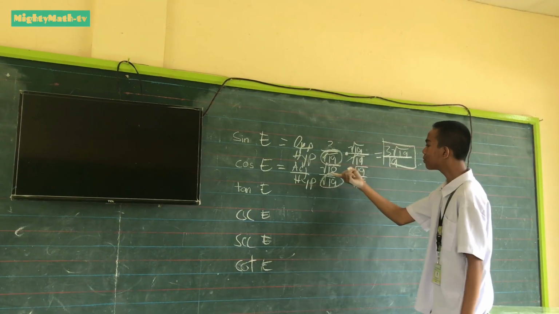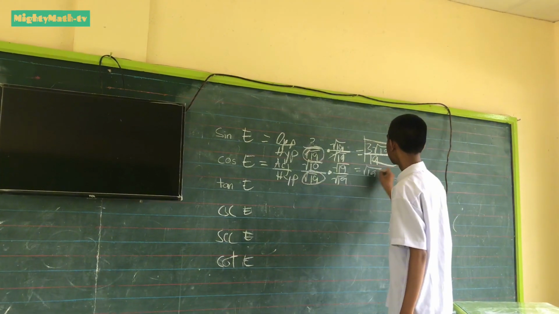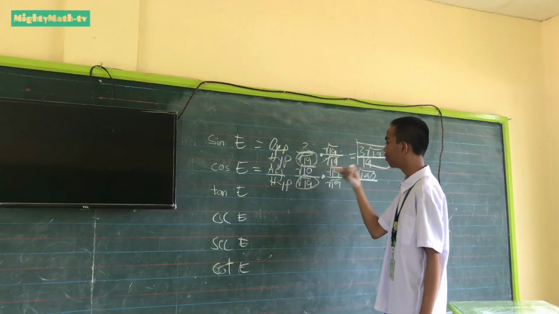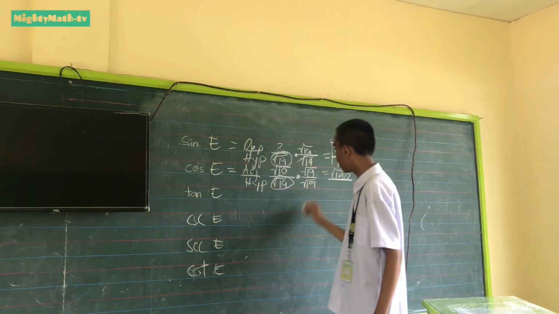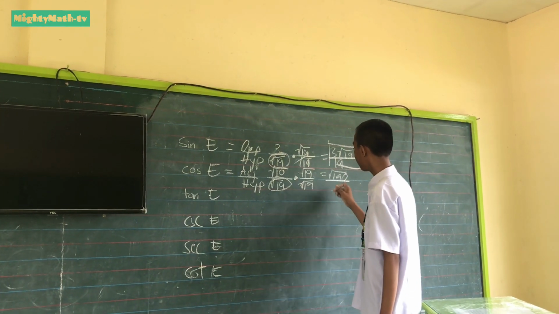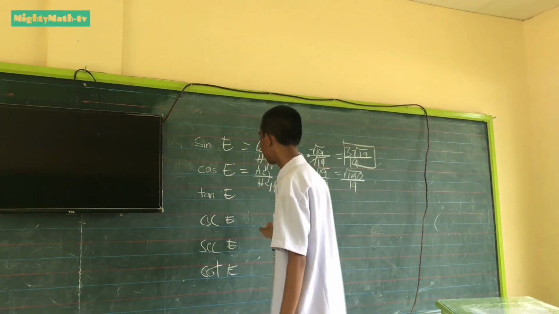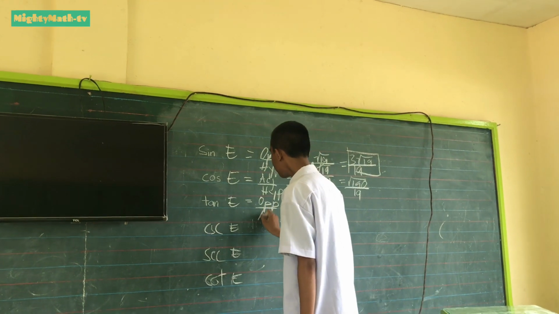Then square root of 10 times square root of 19 is square root of 190. Because they are the same, they have radical sign in them, and we'll just eliminate the radical sign for the denominator. It's just 19.